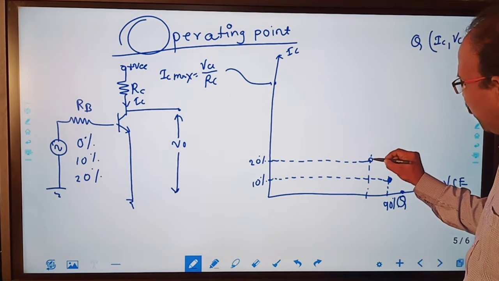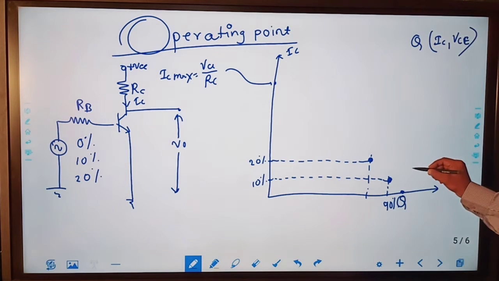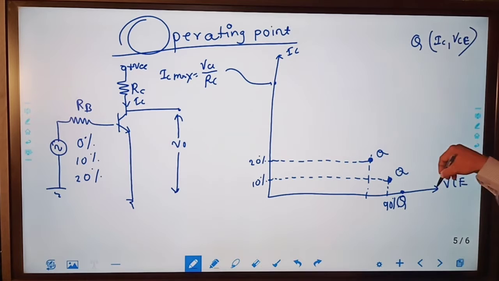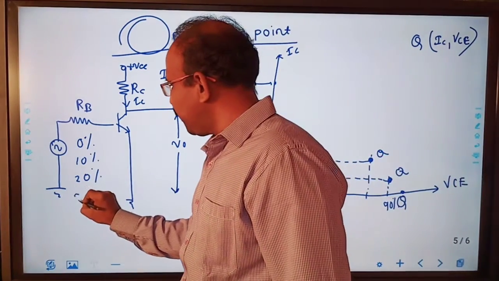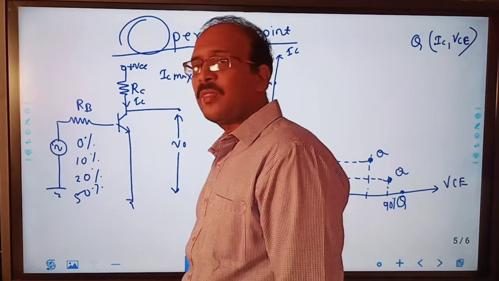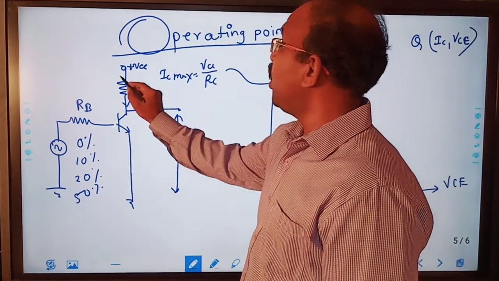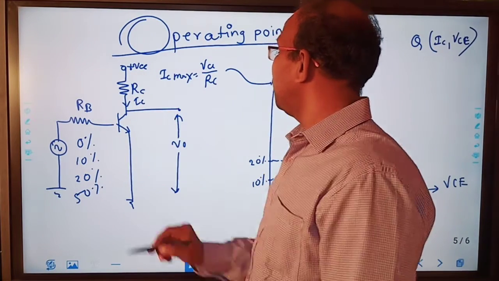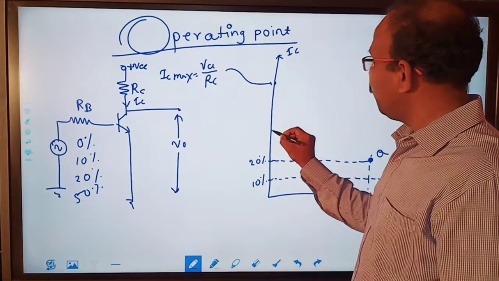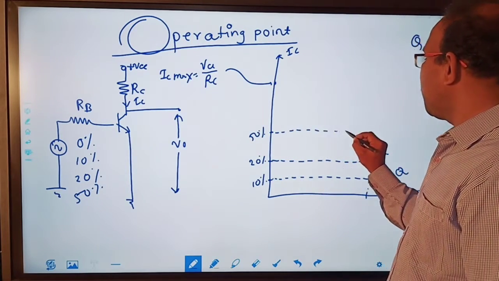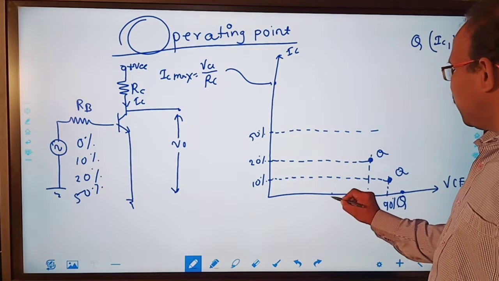This is the point. See how the Q point is shifted. It is shifted up. Now if I make this 50%, drop will be 50%, remaining 50% will be across this, and IC will be around 50%.